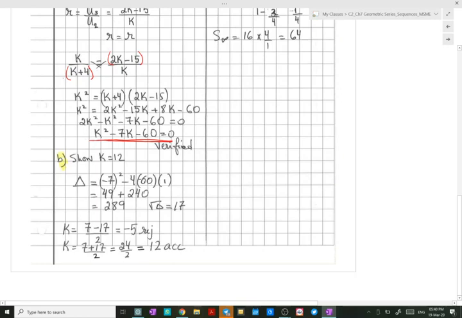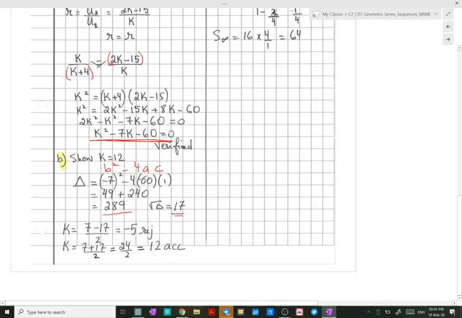You either use delta, or you use your calculator, or you use the sum and product method to factorize in order to find the roots. Here I used the discriminant delta, or the quadratic formula. After finding delta, which is b squared minus 4ac, and calculating, you get 289, and the square root of 289 is 17.